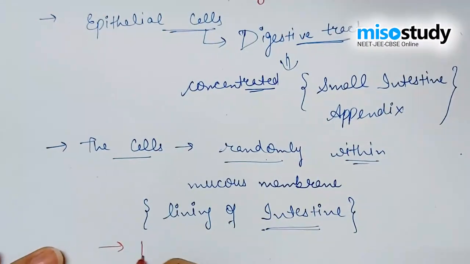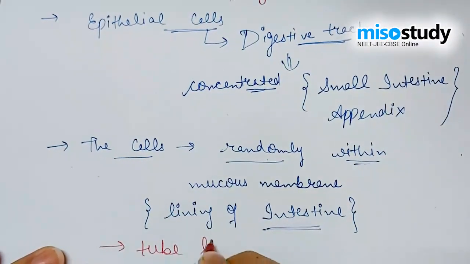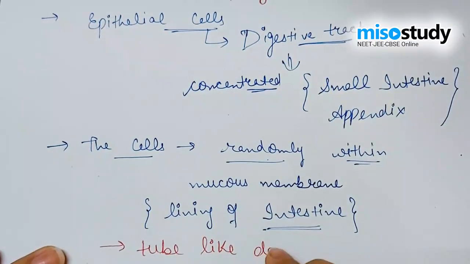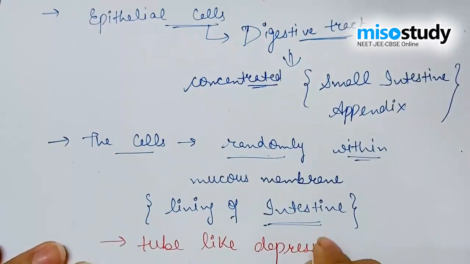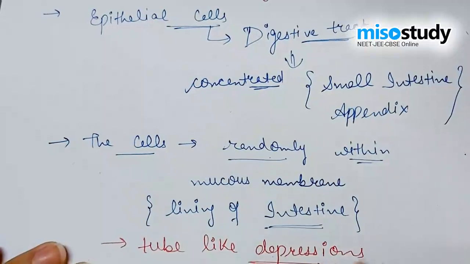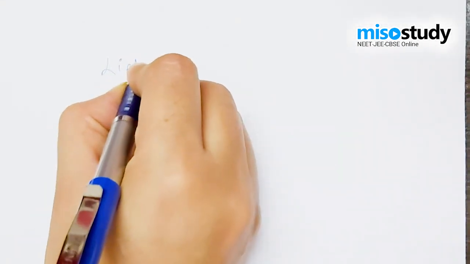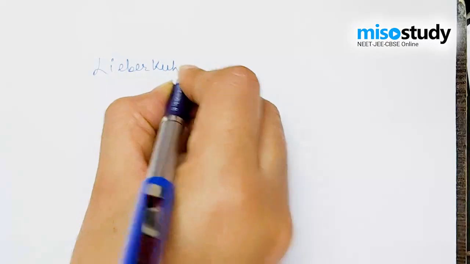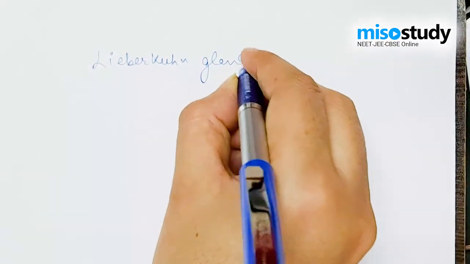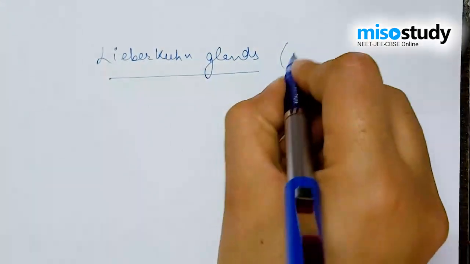And tube-like depressions where the peculiar glands are present, that is, the Lieberkuhn glands.